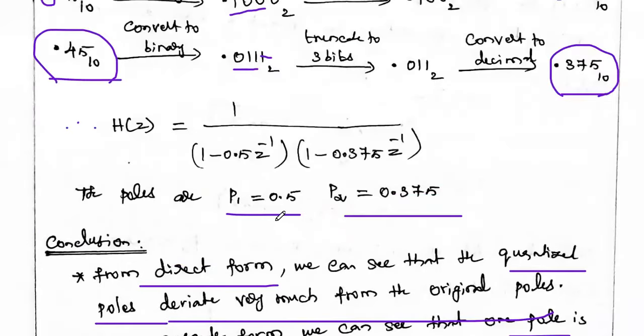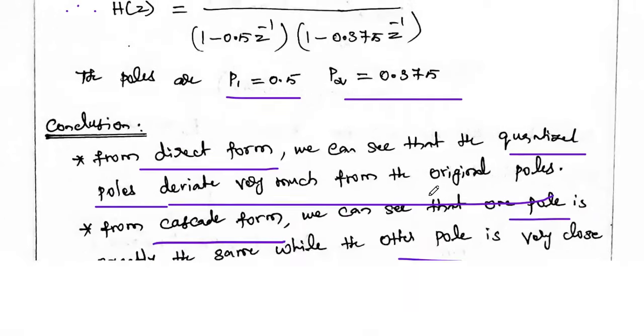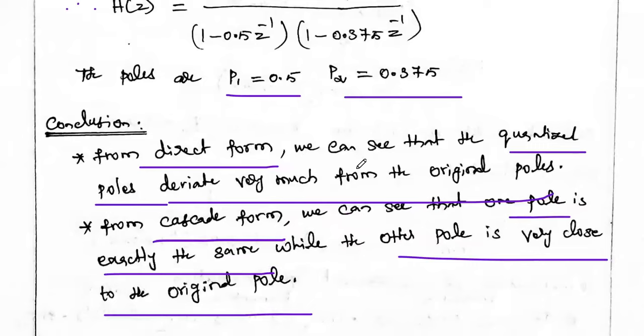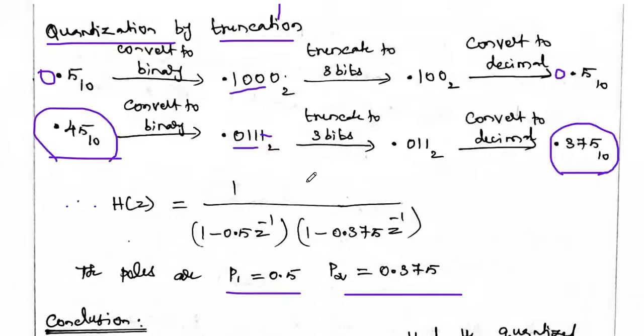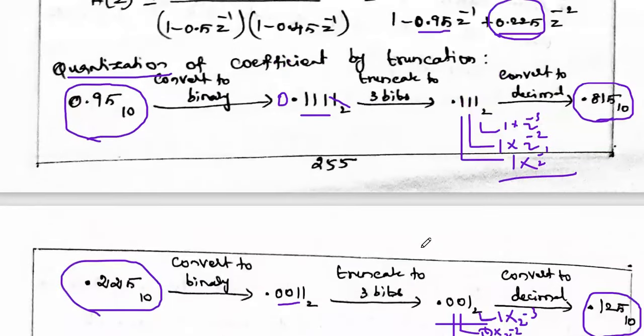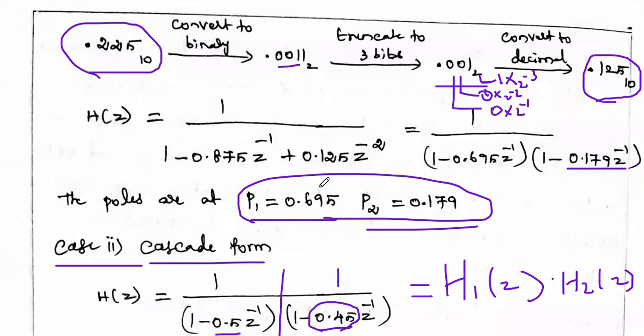The first pole 0.5 is as it is. The second pole 0.45 is shifted to 0.375. It is shifted, but there is not that much difference when compared to direct form. In direct form, you see the first pole 0.5 is changed to 0.695, and the second pole 0.45 is shifted to 0.179.